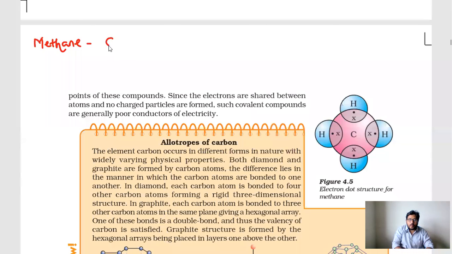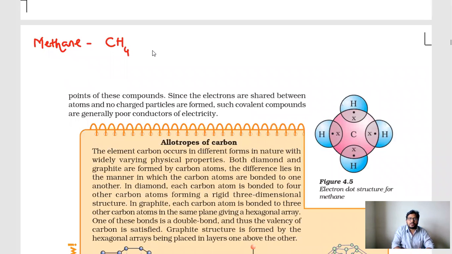There is one carbon combined with hydrogens, 4 hydrogens. CH4 is the formula of methane. I will teach you today how to write the names so that you will be in a position to write all carbon compound names.